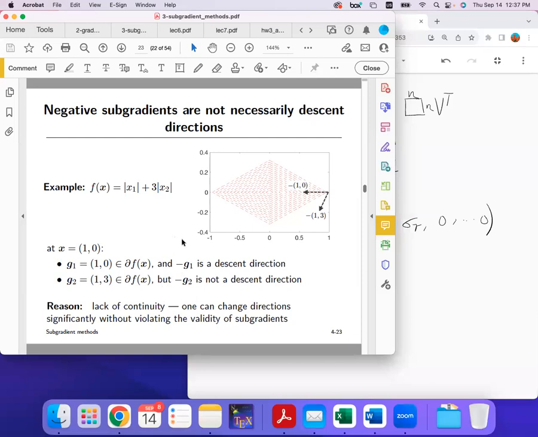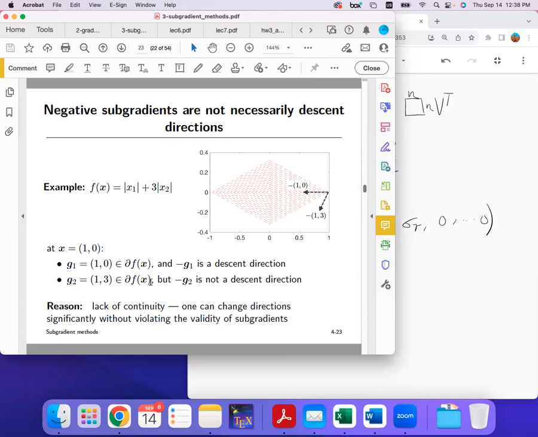So this shows that the sum of the subgradients may correspond to an increasing or ascent direction. This is because the subgradient is basically a set. It may contain so many different directions.